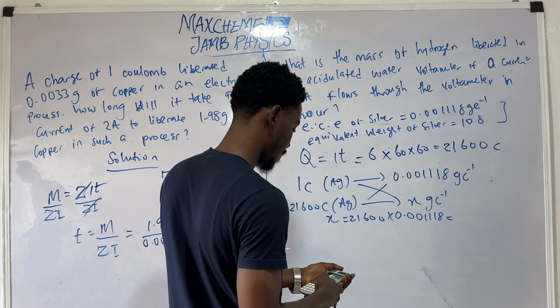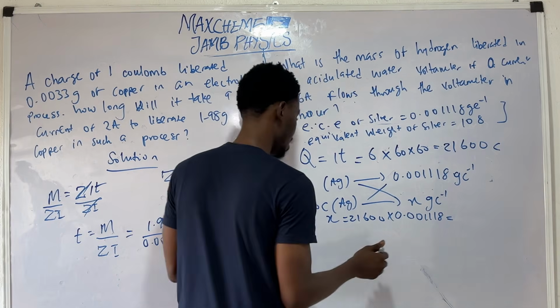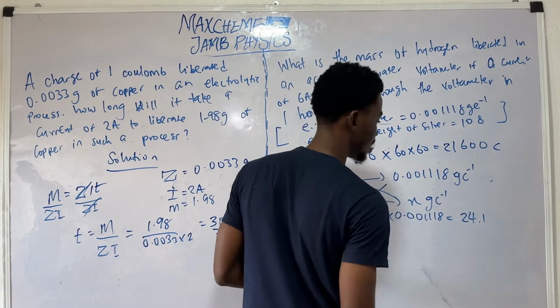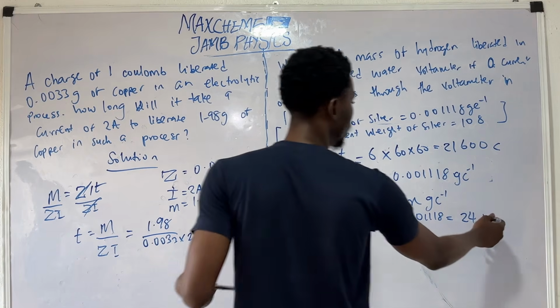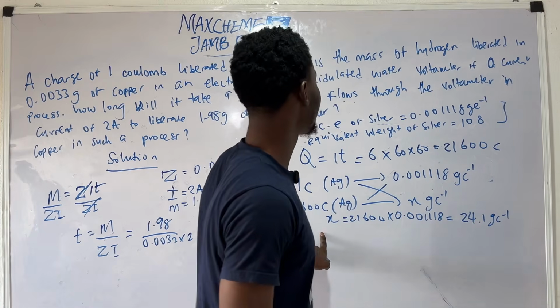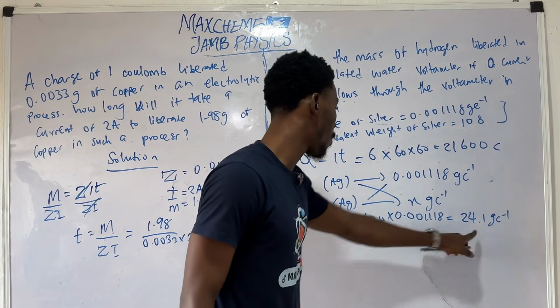That gives me approximately 24.1 grams. So this is my mass of silver deposited.